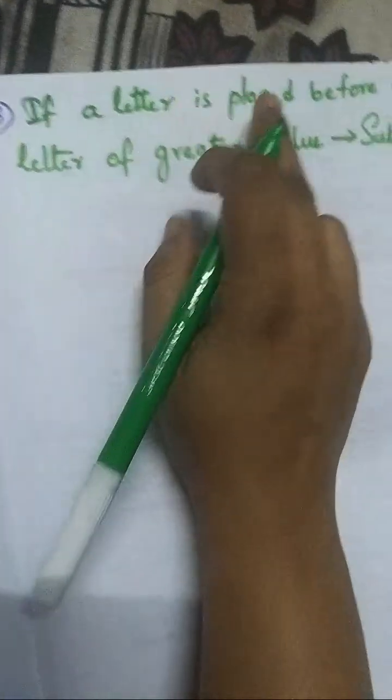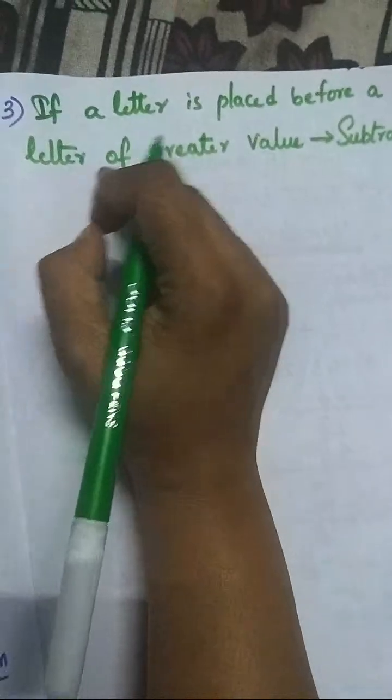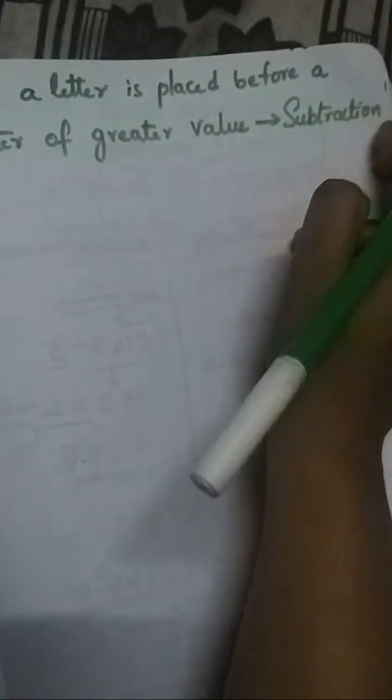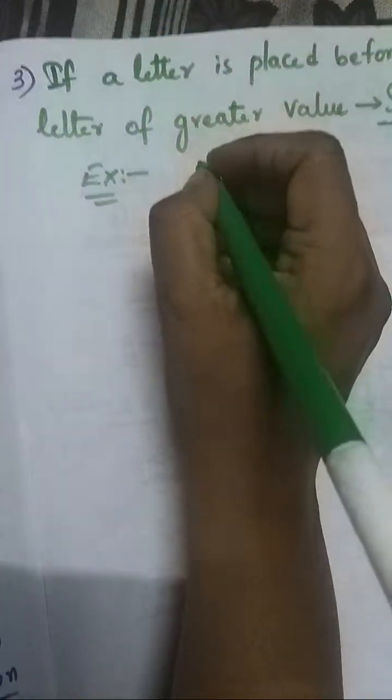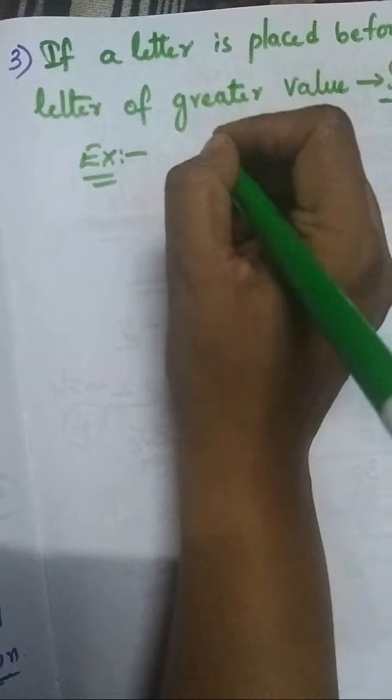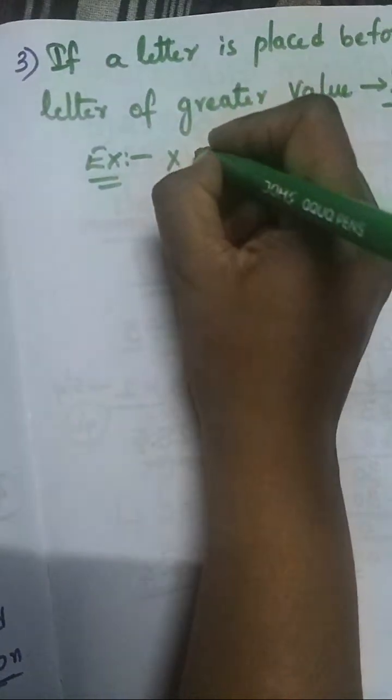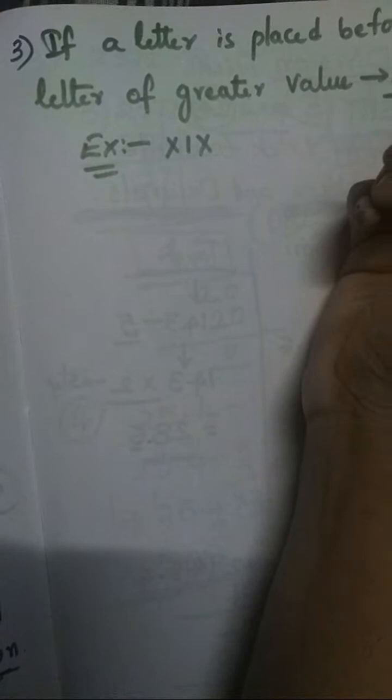Okay, subtraction. The third rule is what, if a letter is placed before a letter of greater value, then that means subtraction. For example, I am going to show here XCIX.